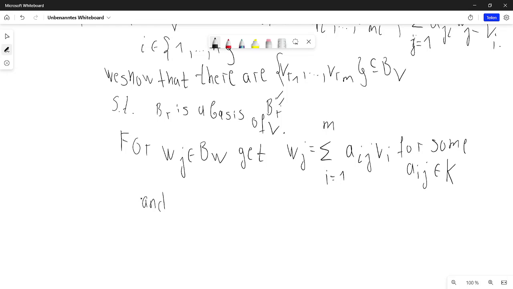What do we have here? We have here the sum, and we'd like this to replace this. We'd like this to work there, but in general it won't work, right?